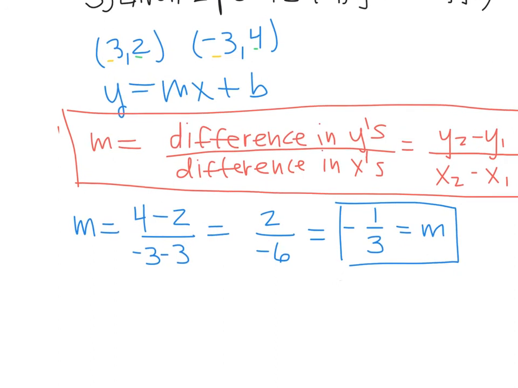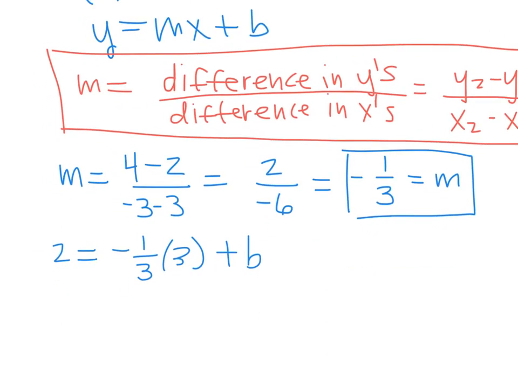So let's take the point (3, 2). So we have y is 2. Then we have m negative 1/3 times x, which is 3, plus b. Okay, so that gives us 2 equals, negative 1/3 times 3 is going to be a negative 1, plus b.